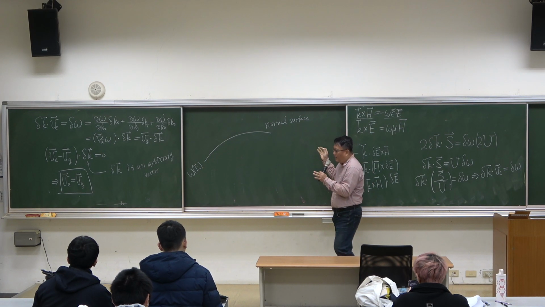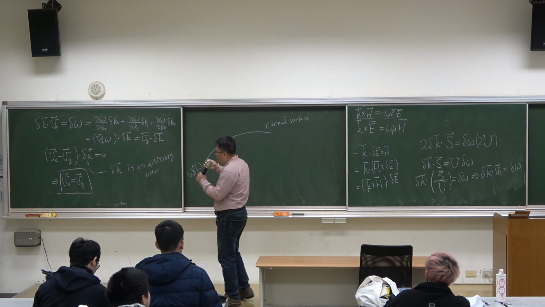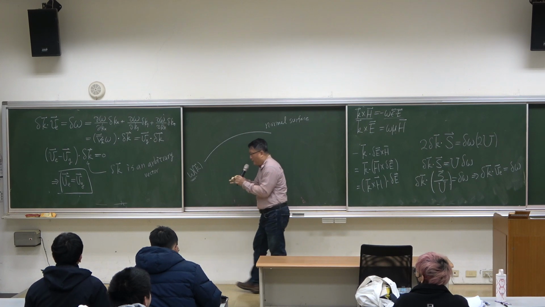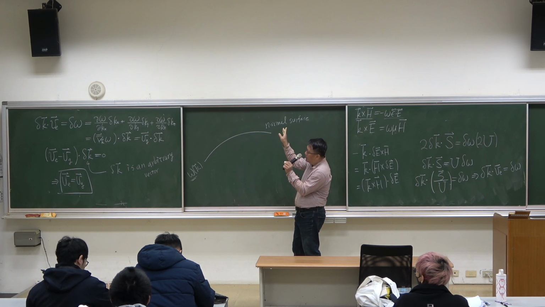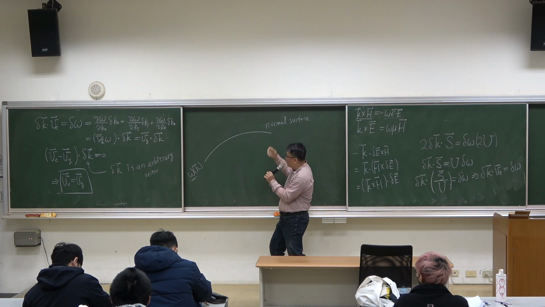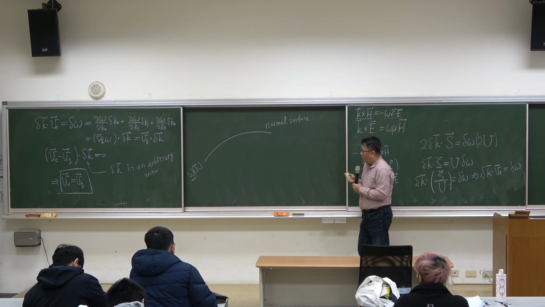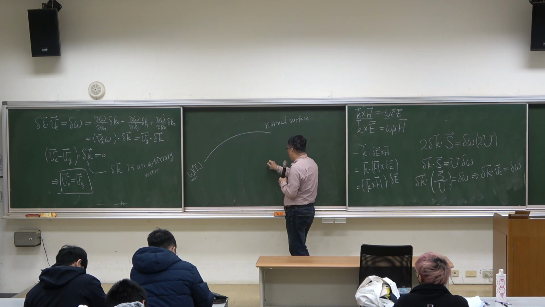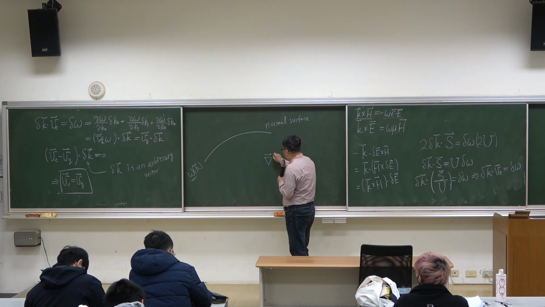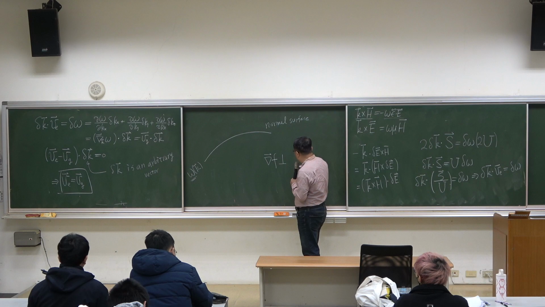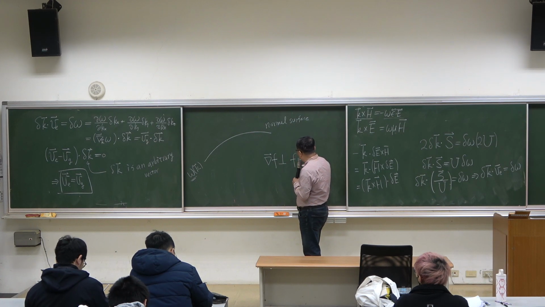We know that omega is a function of k, but if we give a fixed omega and find all the possible k vectors, we plot all the possible k vectors, we get the so-called normal surface. According to your engineering mathematics, you know one thing, that the gradient of f is perpendicular to the surface f equal to constant.